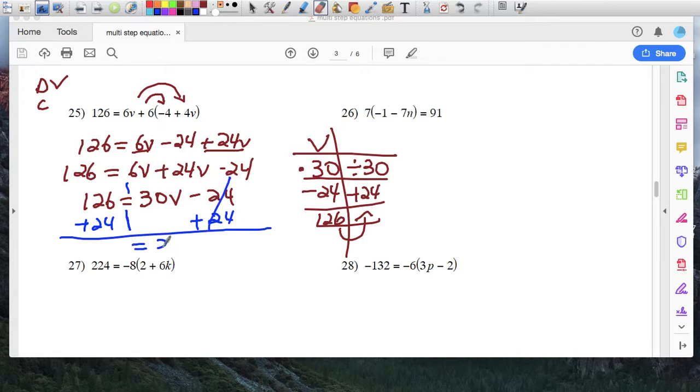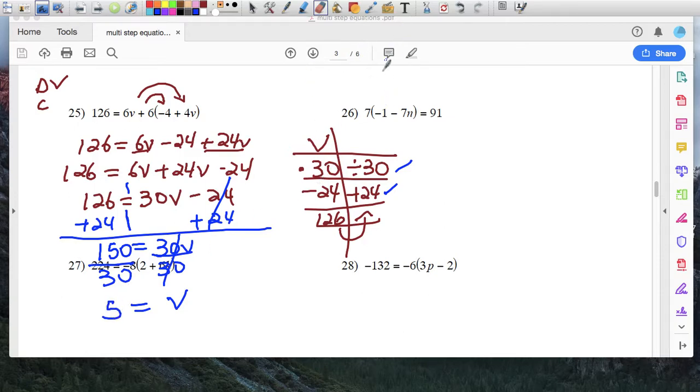These two go to 0. This becomes 30v. 126 plus 24 is going to be 150. Divide both sides by 30. And this becomes 1 times v, which is just v, and 150 divided by 30 is just 5.